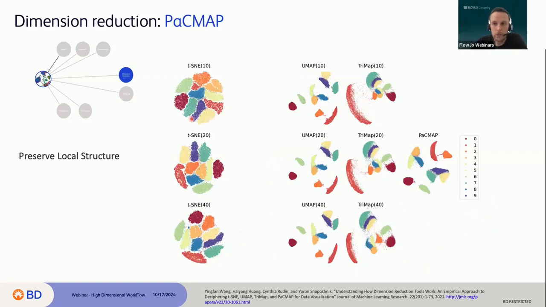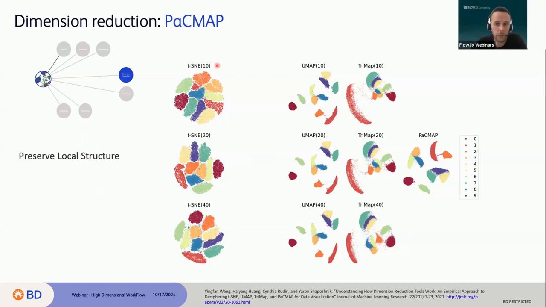All right, so that was for the global structure. Now let's look at the local structure of the data. For the local structure in the paper, they used the MNIST data set.